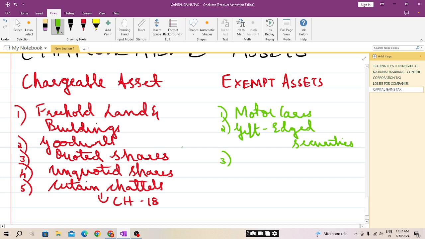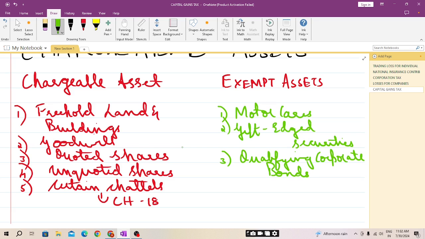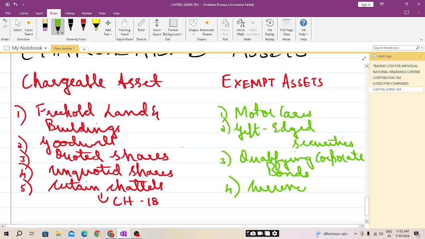Then qualifying corporate bonds, QCB, the qualifying corporate bonds. And then currency for personal use, the foreign currency for personal use.